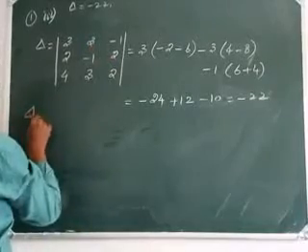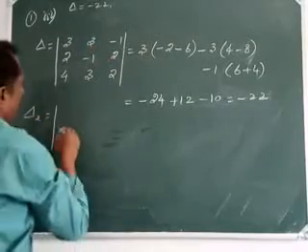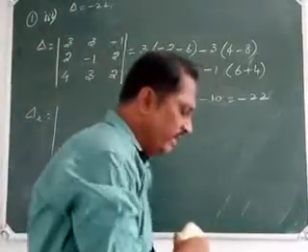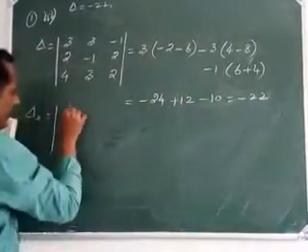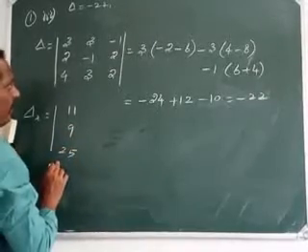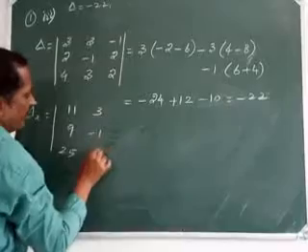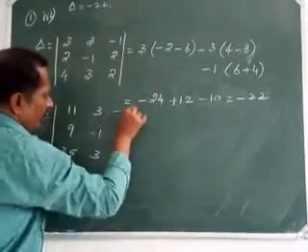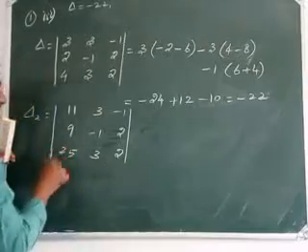And next you have to write delta x. Delta x: replace the first column by the right side values. The right side values are 11, 9, 25. So 11, 3, minus 1; 9, minus 1, 2; 25, 3, 2. The remaining columns are the same elements.